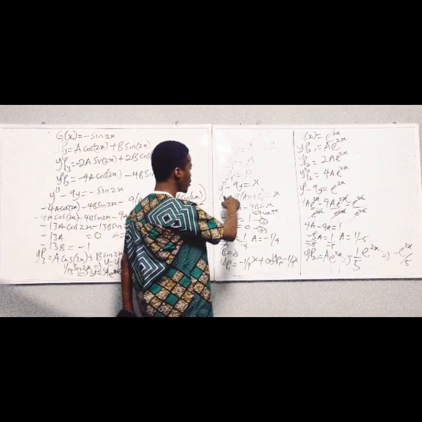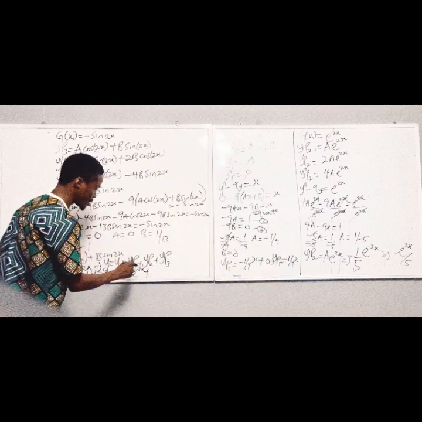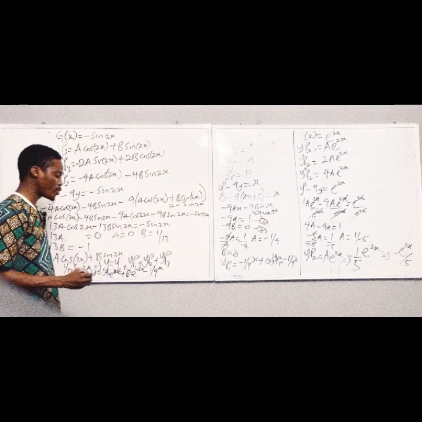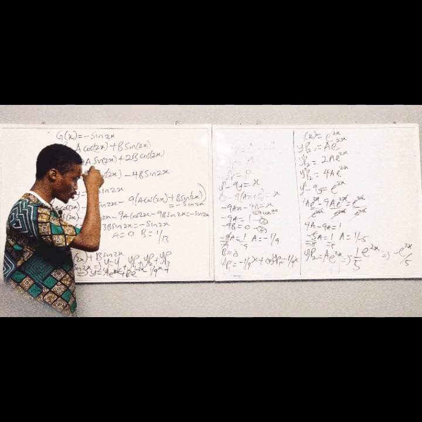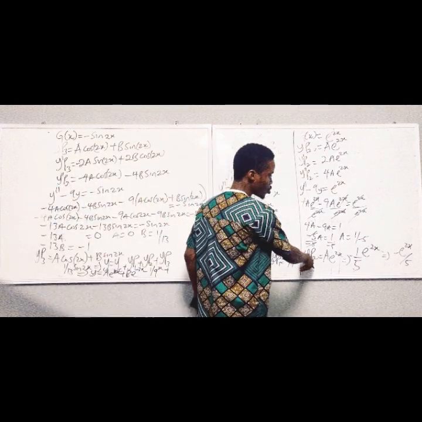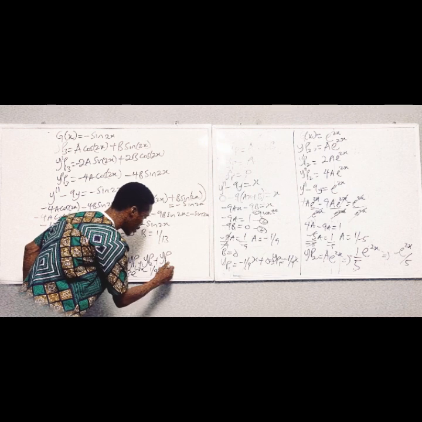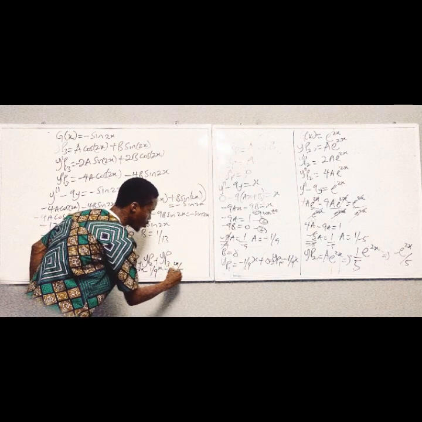My yp1 here is minus 1 over 9x, or minus x over 9. Plus my yp2, this is my second solution: minus exponential 2x over 5.